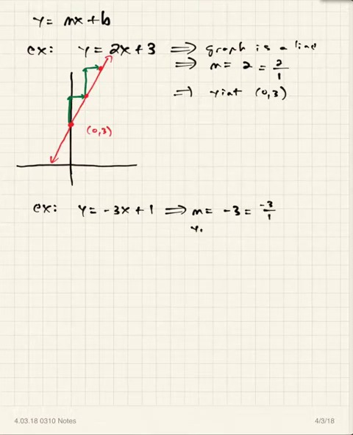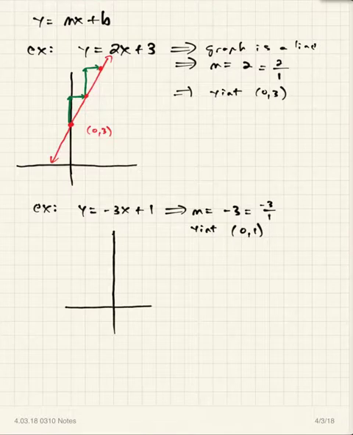And the y-intercept is at the point (0, 1), because the b value is 1. So a really fast, nice, quick way of getting some information about the line. And it also gives you an opportunity to make a sketch of the line pretty efficiently.